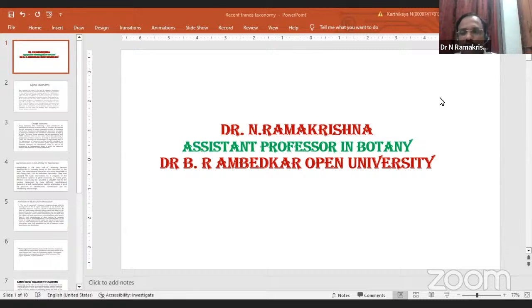Magnoliopsida and Liliopsida mean dicots and monocots. The recent Angiosperm Phylogeny Group says, instead of angiosperm, Magnoliophyta. And this Magnoliophyta is again divided into two: Magnoliopsida and Liliopsida. Is it okay now?